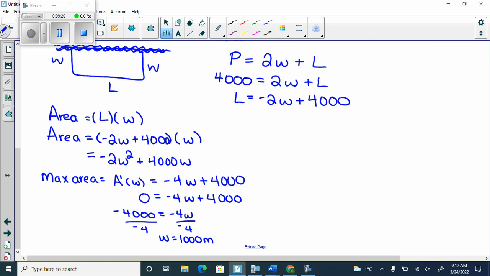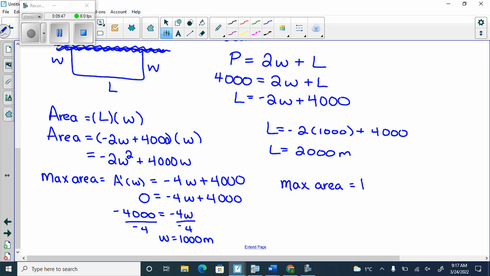Put it into your length formula, the one that you got by itself. So length equals -2 times 1,000 plus 4,000, and so it's 2,000 meters. So max area equals 1,000, which is the width, times 2,000, which is the length, which is 2 million meters squared.